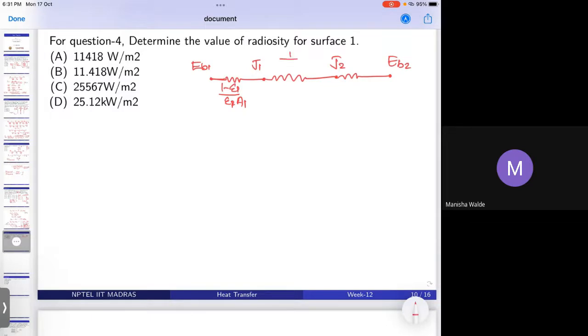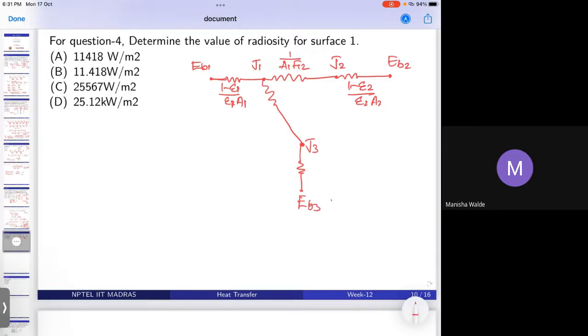This resistance is 1 by A1 F12, and 1 minus epsilon 2 divided by epsilon 2 A2. But surface 1 is also interacting with 3, that is J3, EB3.